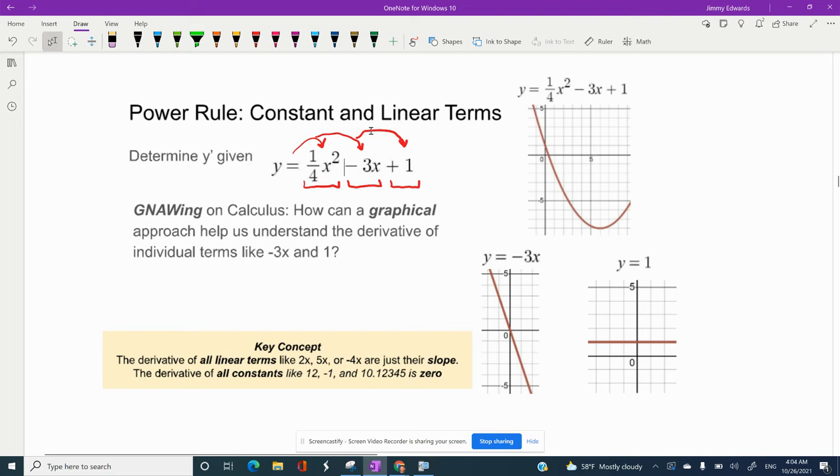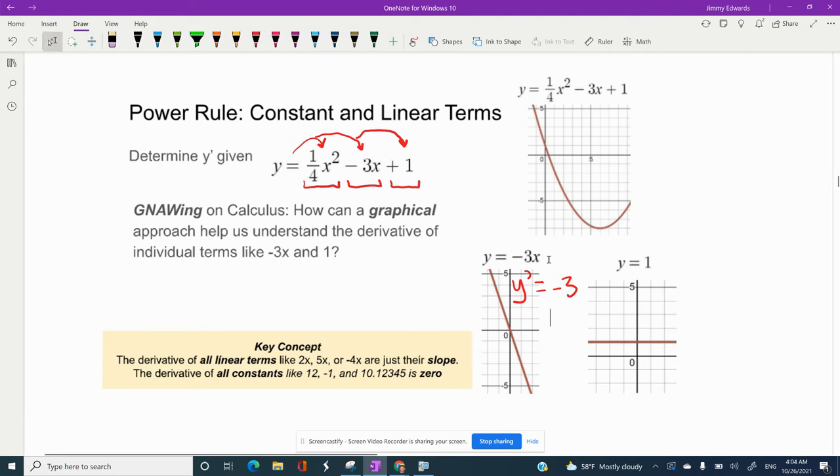So constant and linear terms and their derivatives. Remember, the derivative is a slope. So the derivative of linear terms like 2x, 5x, or negative 4x are simply their slope. So the derivative of negative 3x, y prime, is negative 3.